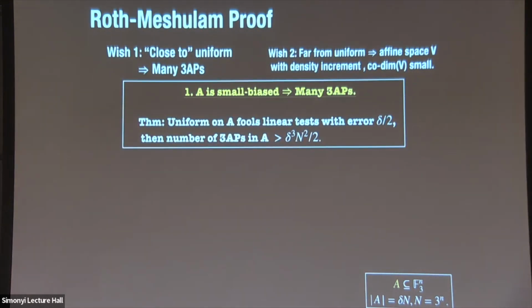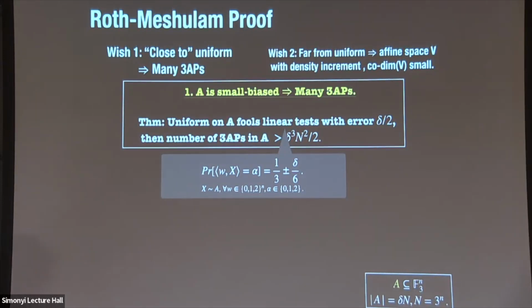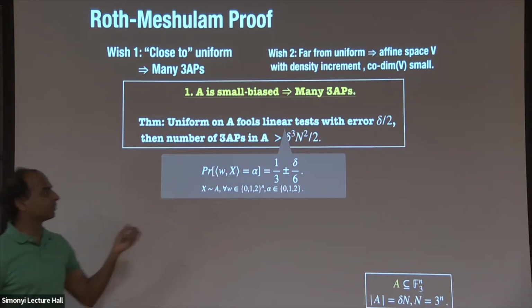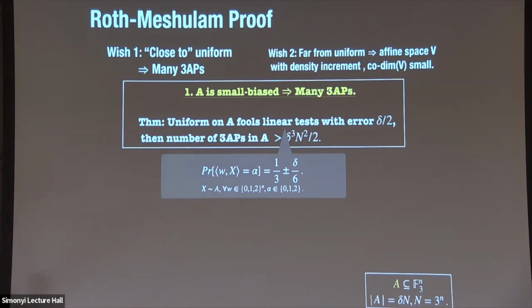So the notion of close to uniform that at least works is being small bias. So what do you mean by small bias? Basically, suppose I pick a uniformly random element from a set A. It's a random element over F_q^n if it fools linear tests. Meaning, if I take some of my elements with some weights, the probability that it equals 0 is 1/3 plus or minus some small error.